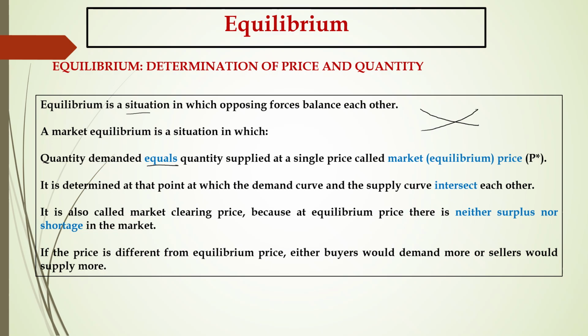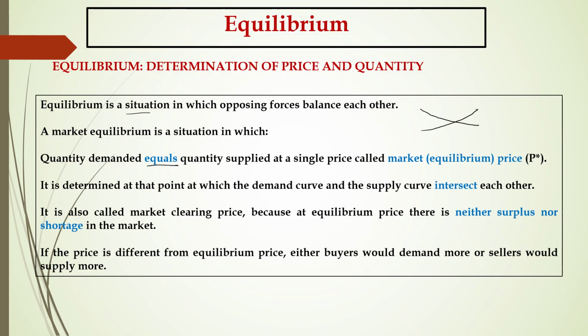So here you can see they meet at this particular point, intersecting, cutting each other. This point is called equilibrium. I will explain it in another slide with a simple example. Don't worry. It is determined at the point at which the demand curve and the supply curve cut each other and meet at one particular point.